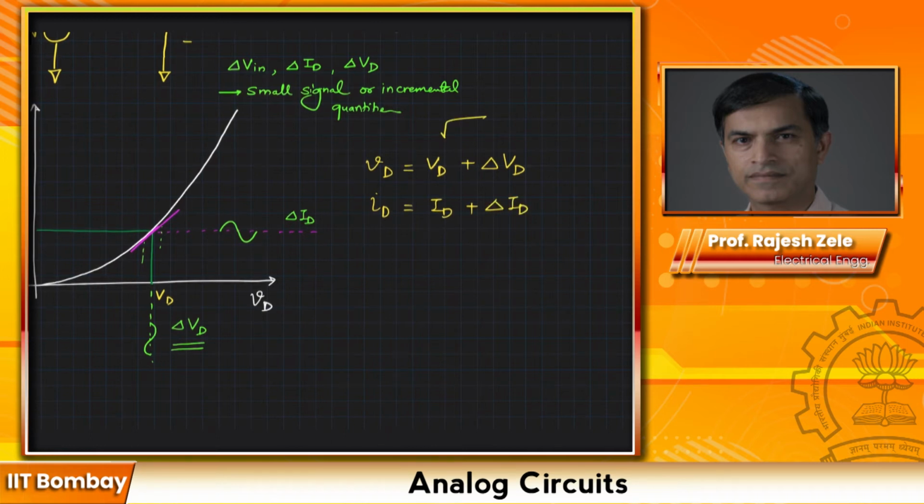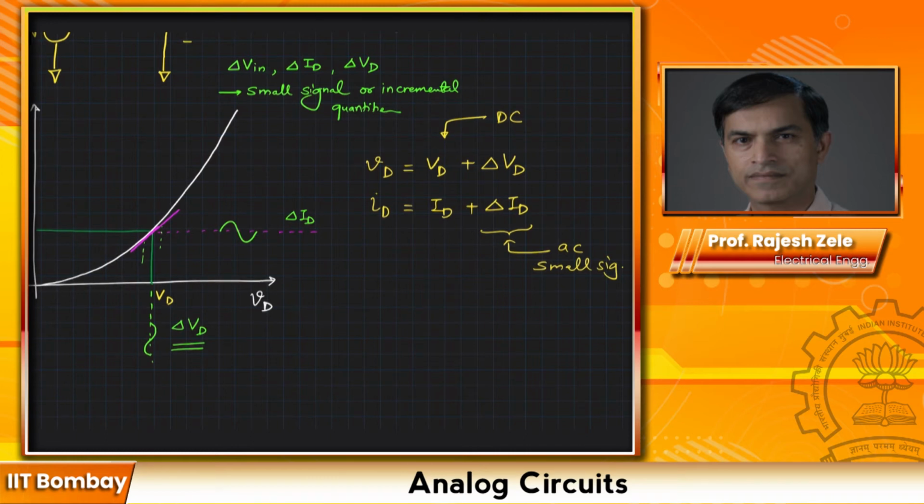These are our DC quantities and these are our AC or small signal quantities. AC, small signal, incremental, they all denote the same phenomenon we are talking about.